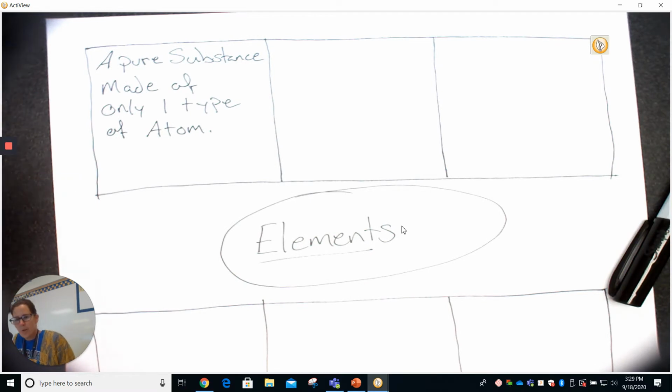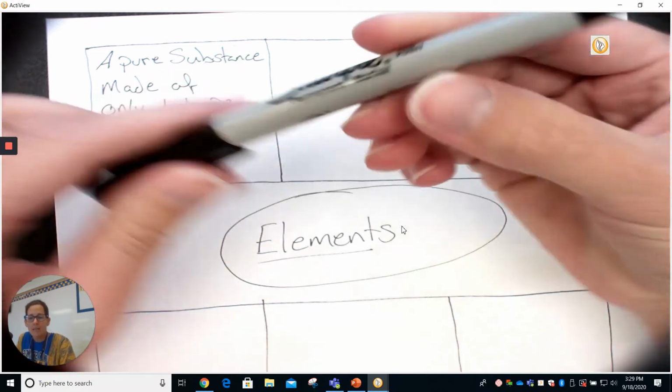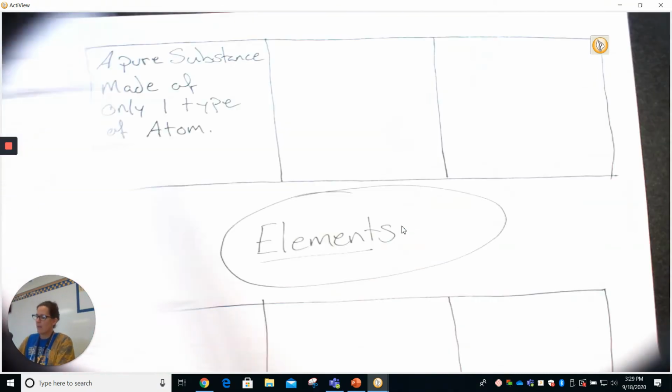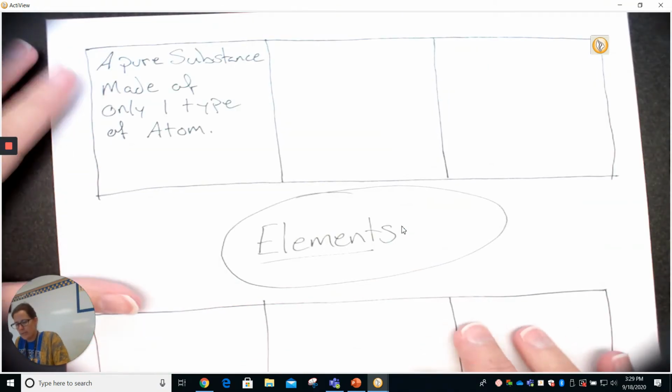Okay, so the next box, we're going to write that atoms are the smallest particle of an element that keeps the properties of the element. So that's kind of a mouthful, so I'll write a little bit smaller here.